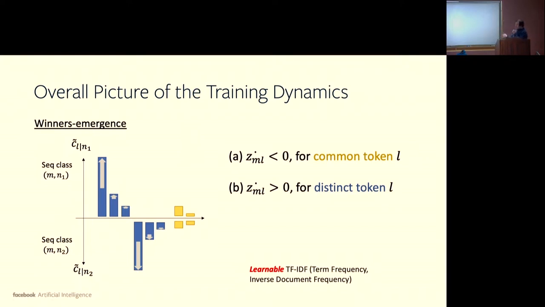People who worked on NLP before the transformer era may have heard about the TF-IDF formulation, which means you want to find words that have a high frequency, but also words that have a high inverse document frequency. The first term captures very important words for each class.